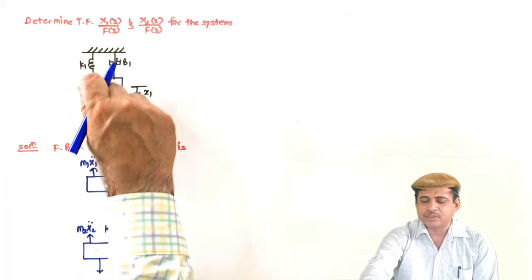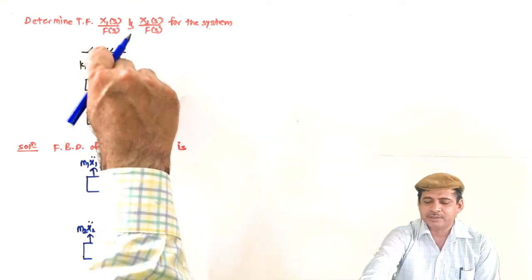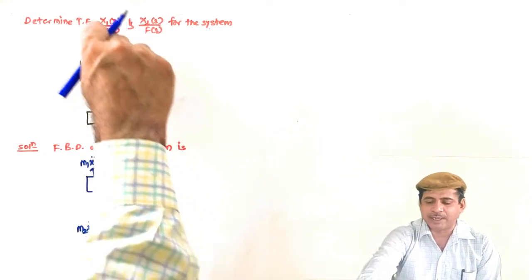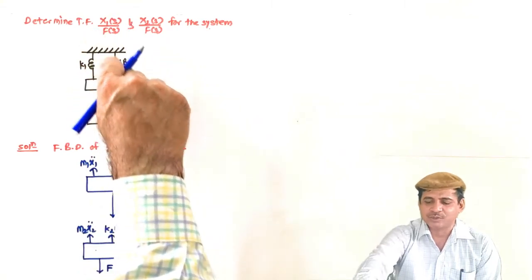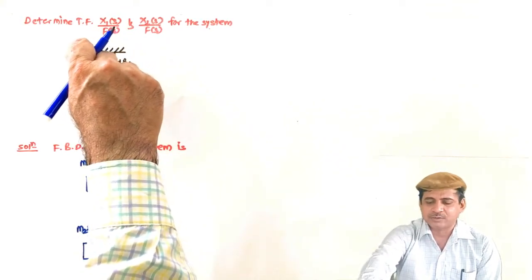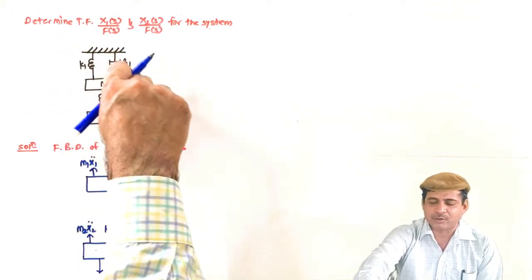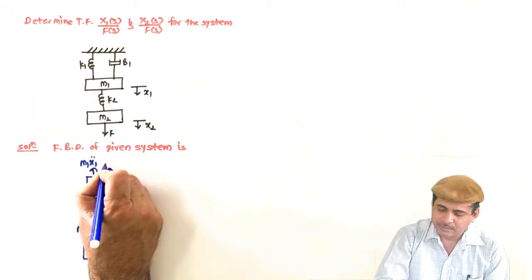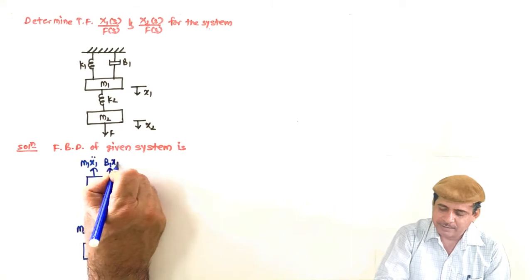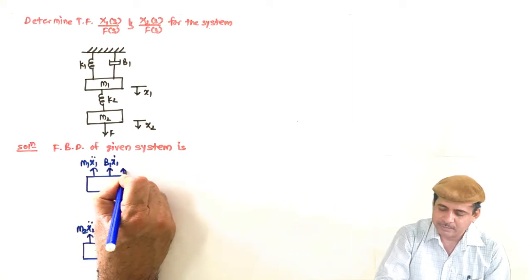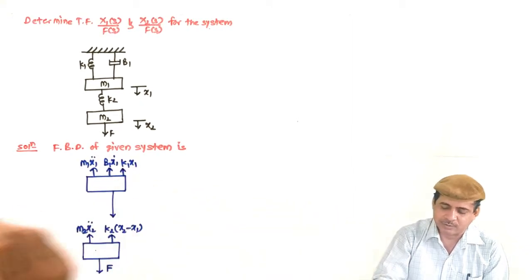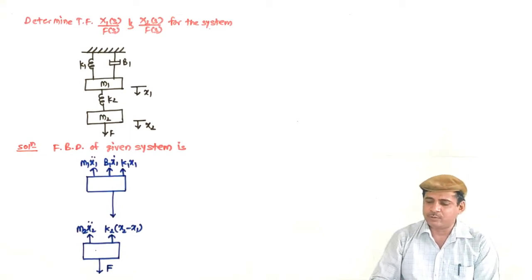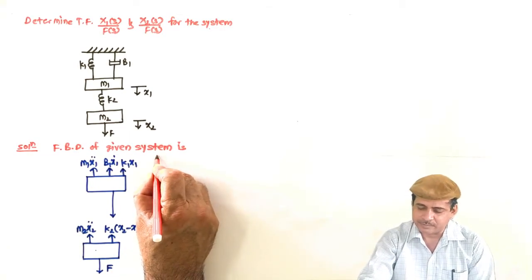Because now M1 is associated with X1, B1 is associated with x1 minus the support which is 0, so x1 minus 0 is x1, so displacements of B1 and K1 are also x1. So it is B1 x1 dot plus K1 x1, and now we have to write down the equations.